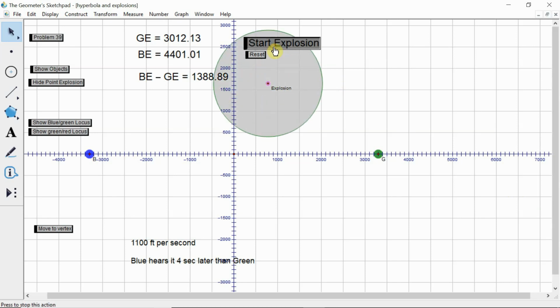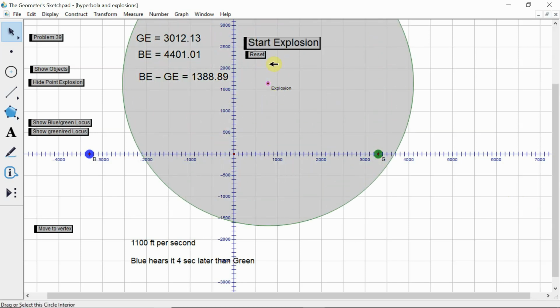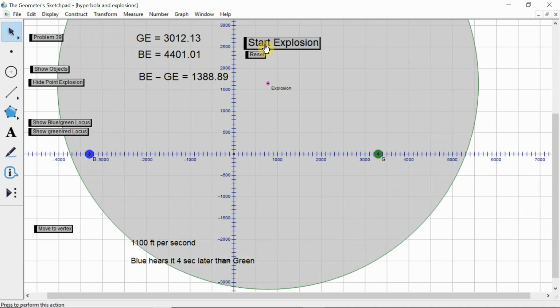So watch what happens. The sound is actually radiating out in all directions. Because of that, as this circle expands and expands, it's going to get to one of the listening posts sooner than the other. Okay, so here it's already crossed over the green one as that sound wave is expanding out in all directions, but it hasn't yet reached the blue. So now they have both heard it because the wave has crossed the blue listening post.